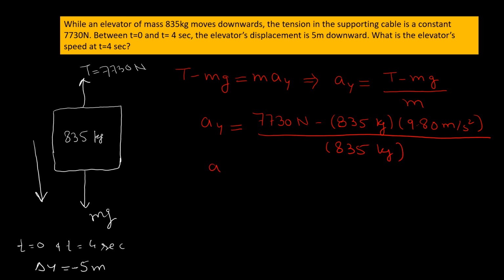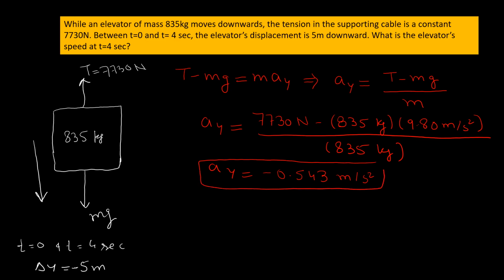From this, when you calculate this whole equation, ay will be negative 0.543 meters per second squared. So this is the acceleration on the elevator when it is going in the downward direction.